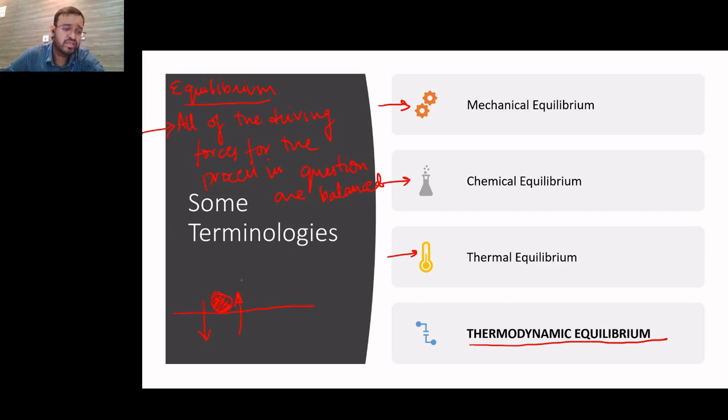So in this case, the force of gravity is in equilibrium with the reaction provided by the surface on which the ball rests. This is an example of mechanical equilibrium, where the gravitational force is in equilibrium with the reaction to it. So all forces are in equilibrium.